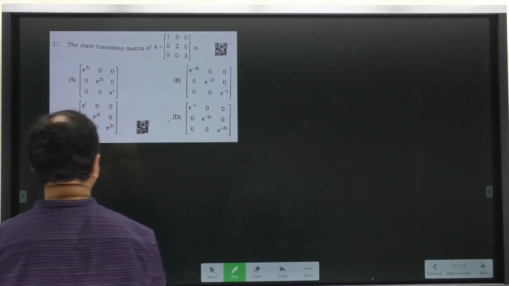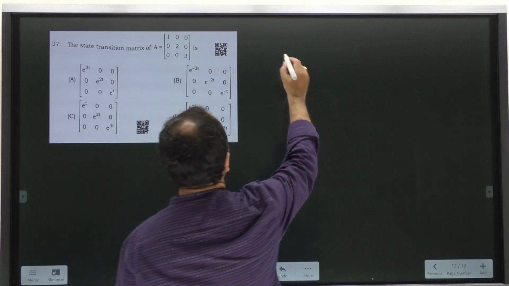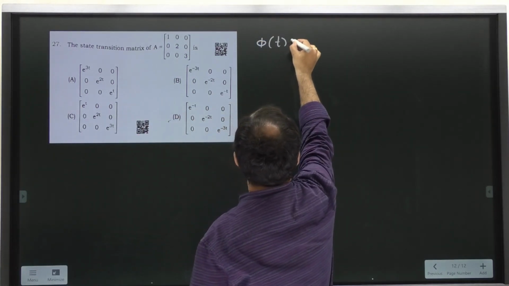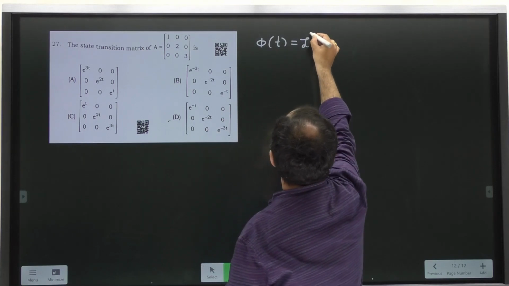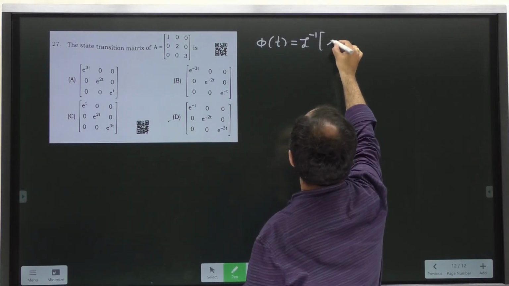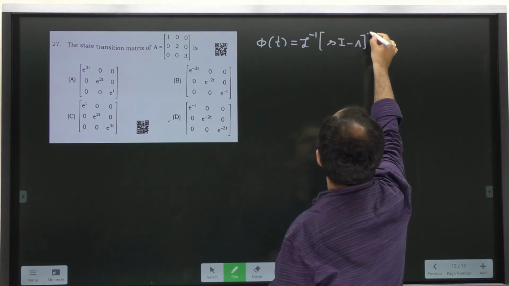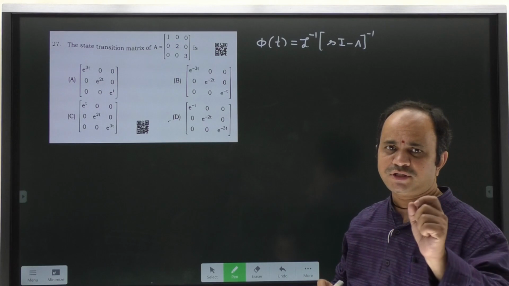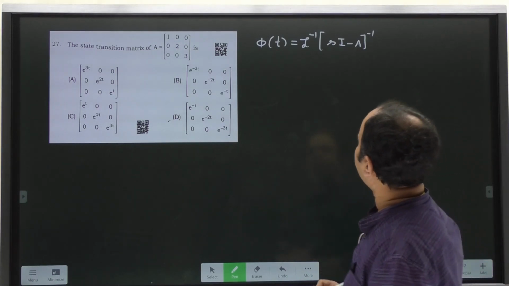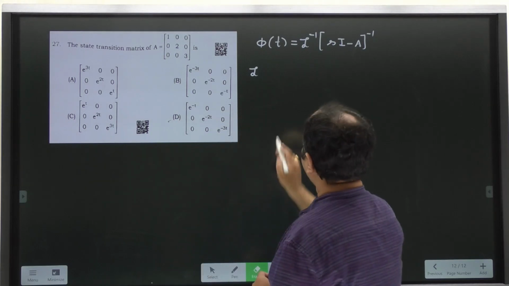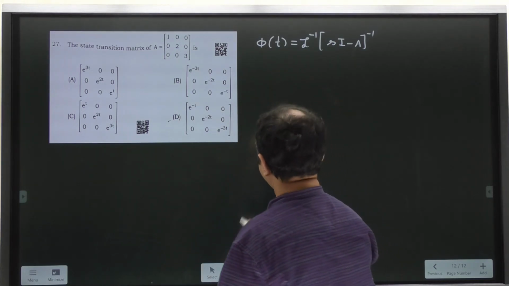Now what is the definition of the state transition matrix? The state transition matrix is normally denoted with phi of t. This is the inverse Laplace transform of (sI minus A) inverse. Therefore, the first basic requirement to solve this problem is to have (sI minus A) inverse.